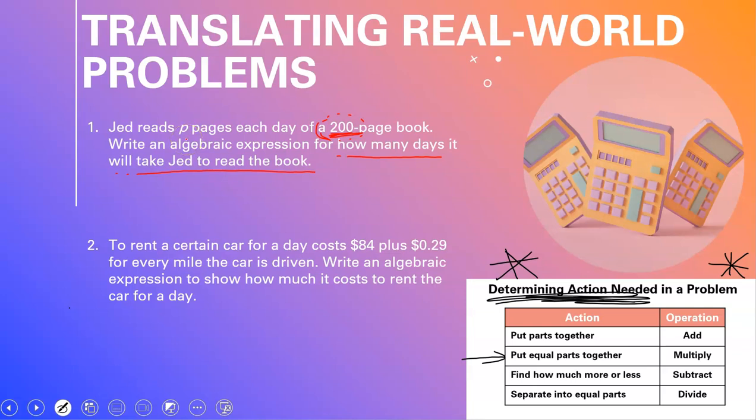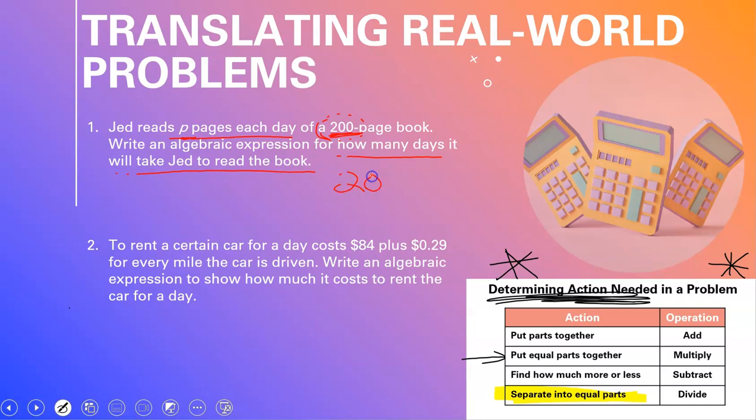What else do we know? We know he reads the same number of pages each day. What are we doing? We're taking a 200-page book and we are separating it into equal parts. We're separating it into equal amounts in days. Okay, so we're going to be dividing here.